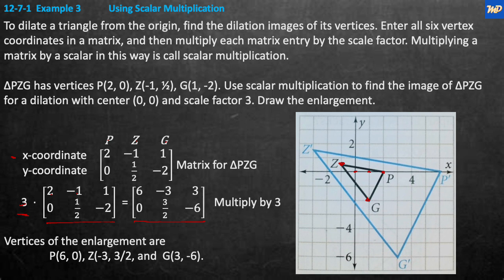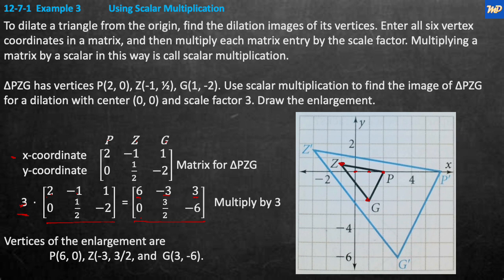So 3 times 2 is 6. 3 times -1 is -3. 3 times 1 is 3. Then for the y values, 3 times 0 is 0. 3 times 1/2 is, excuse me, 3/2. And 3 times -2 is -6.